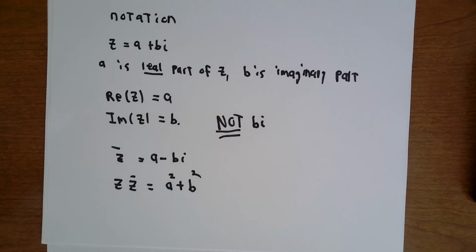It's very important that you don't think that the imaginary part is b times i. The standard terminology has the imaginary part as the coefficient of the i. z conjugate will be a minus bi, and z times z conjugate is a squared plus b squared.